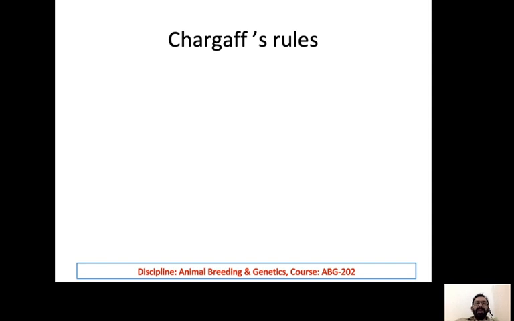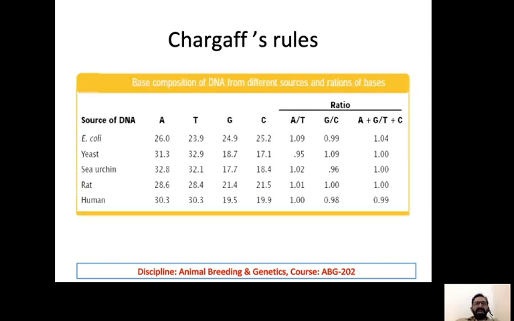Now, regarding the DNA, we know that it contains A, T, C, and G. There are four nucleotide bases. There is Chargaff's rule, and according to that rule, A is going to bind T, G is going to bind to C, but in any species, the ratio between AT and GC would be 1.